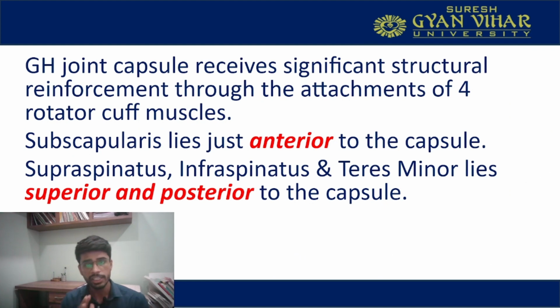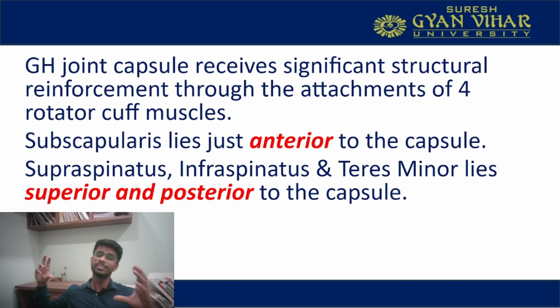Now it receives structural reinforcement. There is one very important and interesting thing about this joint, which is that your glenohumeral joint capsule is reinforced by four important muscles, and these four are your rotator cuff muscles. Subscapularis lies just anterior to the capsule, while supraspinatus, infraspinatus, and teres minor are at the superior and posterior side of the capsule, and they are coming from their origin.